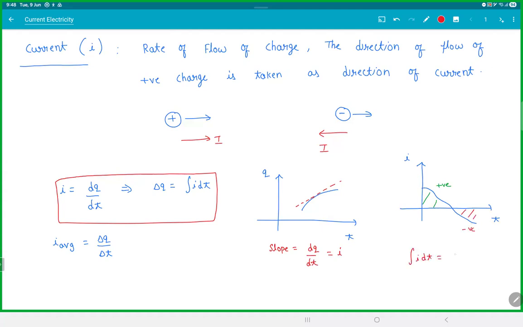The area under the graph gives you the charge flow, delta q. So they can give you a graph and ask you to do this stuff.